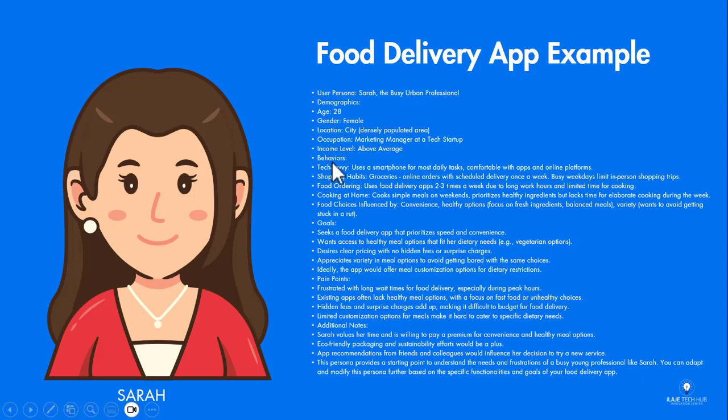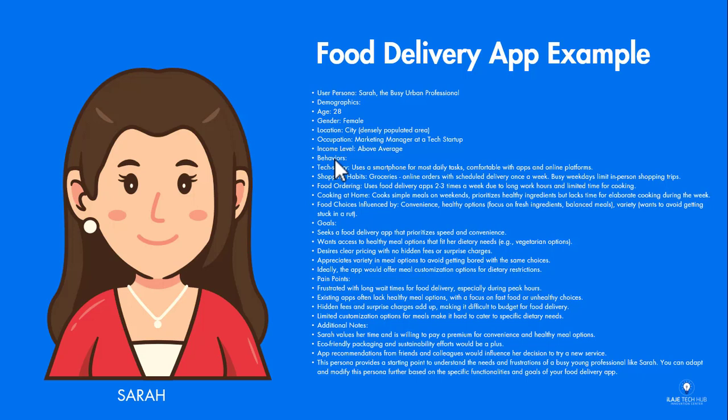The next thing we're going to look at is her behavior. Tech savvy: she uses a smartphone for most daily tasks and is comfortable with apps and online platforms. Her shopping habits: groceries are online orders with scheduled delivery once a week, and she has busy weekends with limited in-person shopping, right? I put this there so that you can understand that this is a persona created for her.